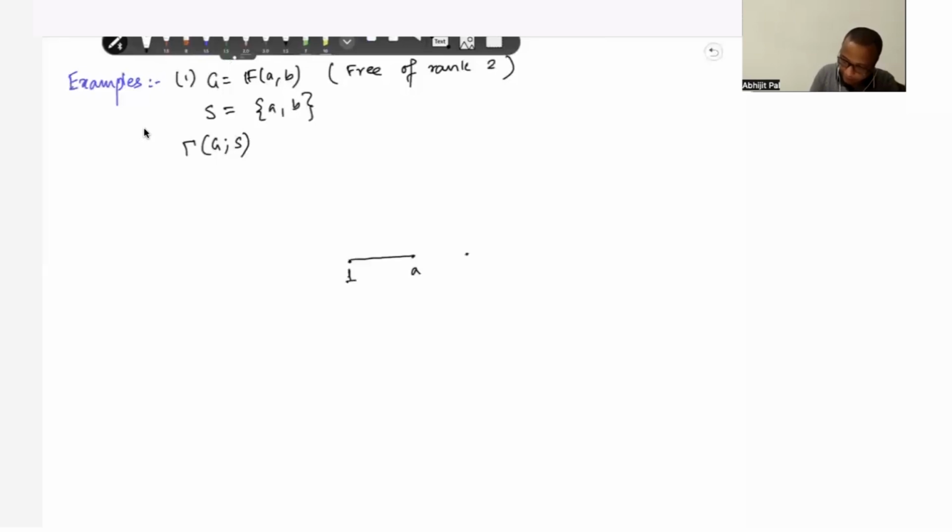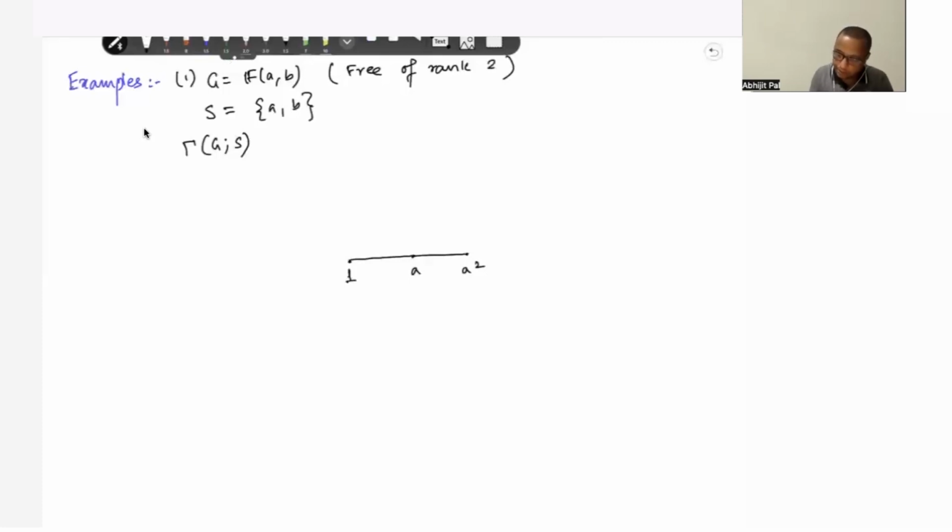Now let us take a and a squared. a inverse a squared is equal to a, so it belongs to S. So there will be an edge between a and a squared.